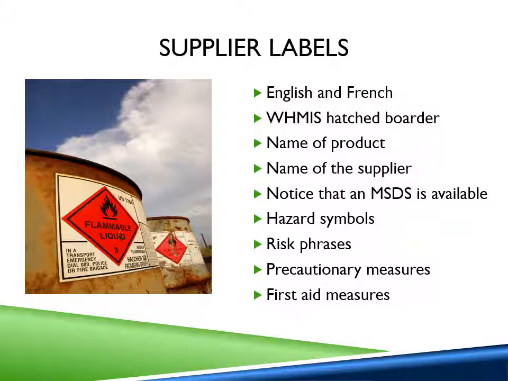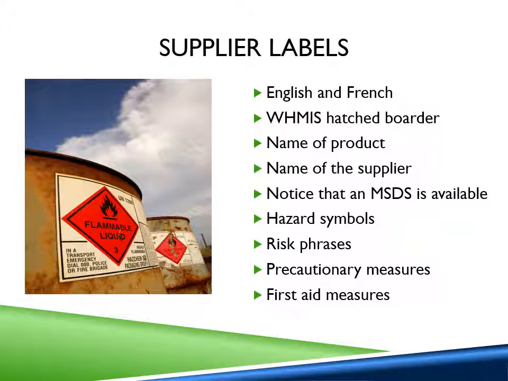Supplier labels must be offered in both English and French. The outside or border of the label must have the WHMIS hatched border. This allows for quick and easy recognition of the label as well as the association to WHMIS and the requirements.